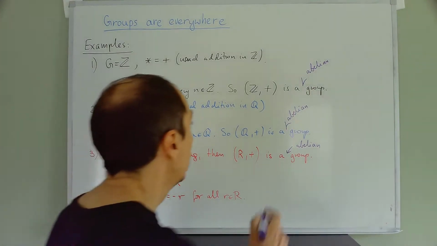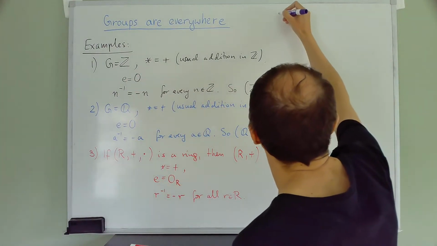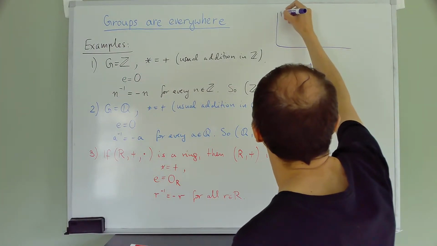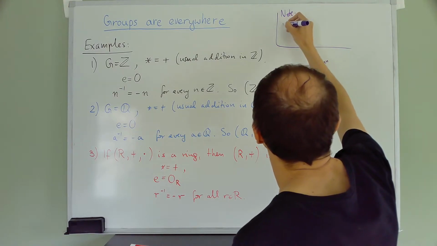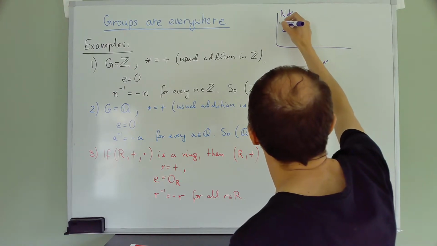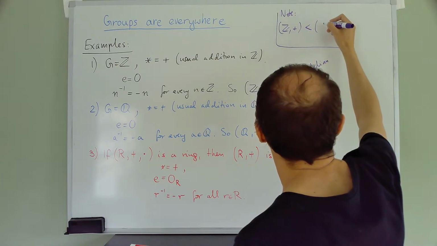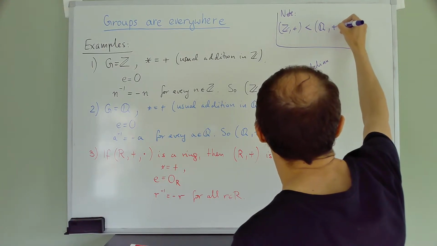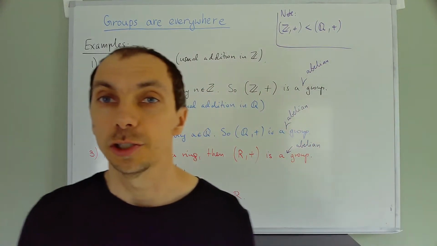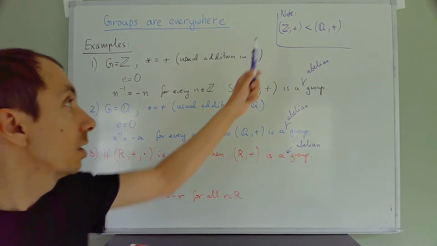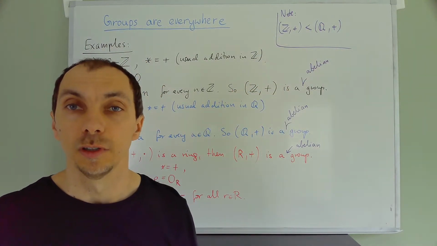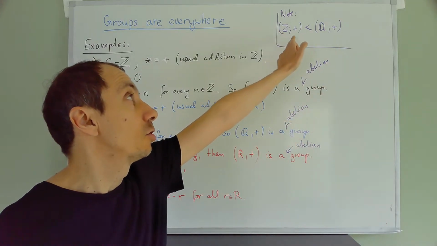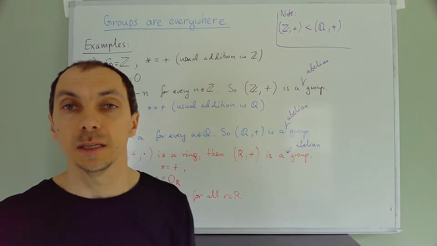Secondly, note here, the integers with addition are a subgroup of the rationals with addition. Yes, integers are certainly a subset of Q, and if I add two integers as rational numbers, that's the same as adding them as integers.